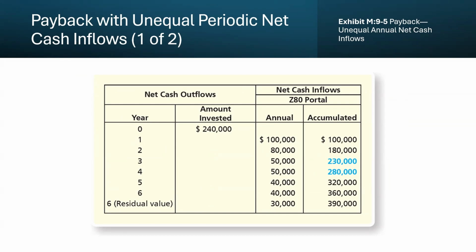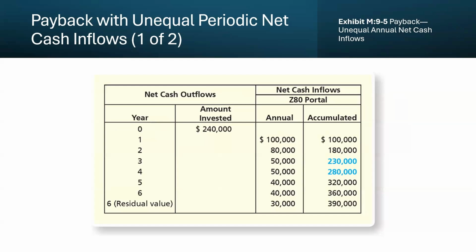The Z80 portal differs from the business-to-business portal and the website upgrade in two ways. One, it has unequal net cash inflows during its life, and two, it has a $30,000 residual value at the end of its life. So the expected net cash inflows for the Z80 portal are what you see here.